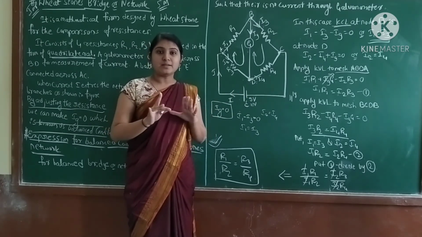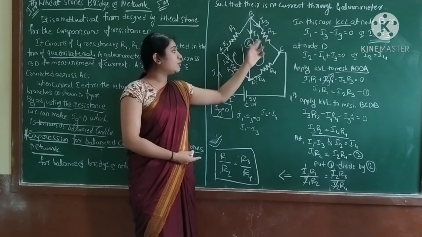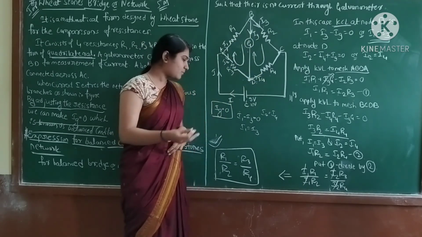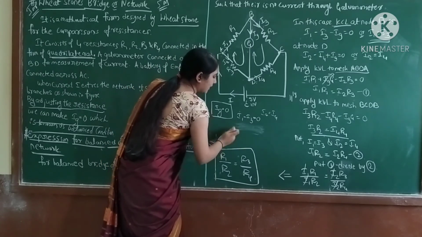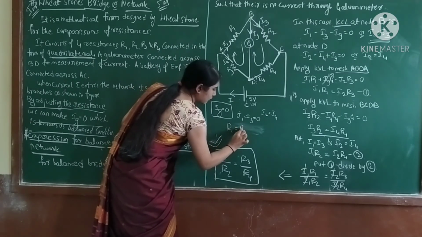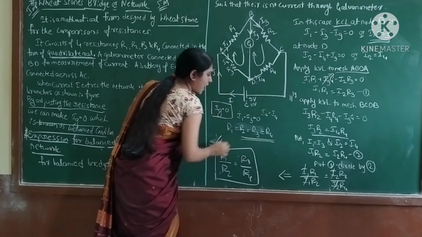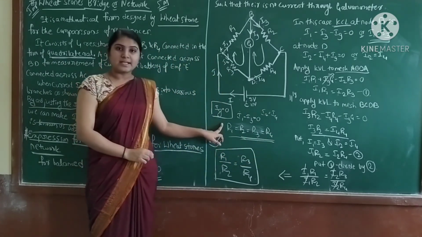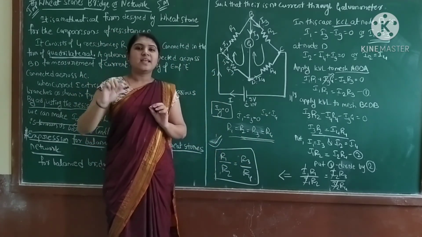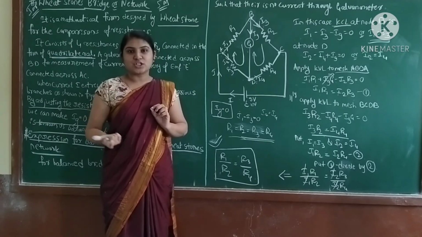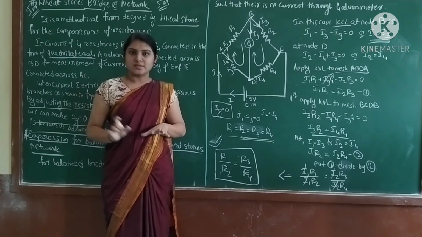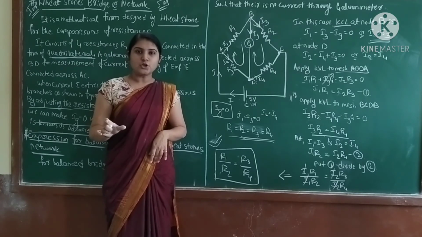But if R1 is equal to R2 is equal to R3 is equal to R4, if this condition is there, then some variation may occur in this network. Understood?